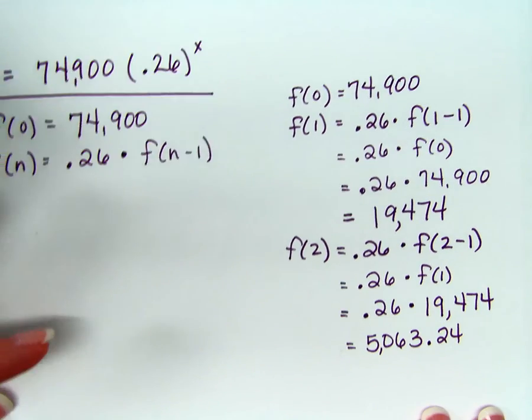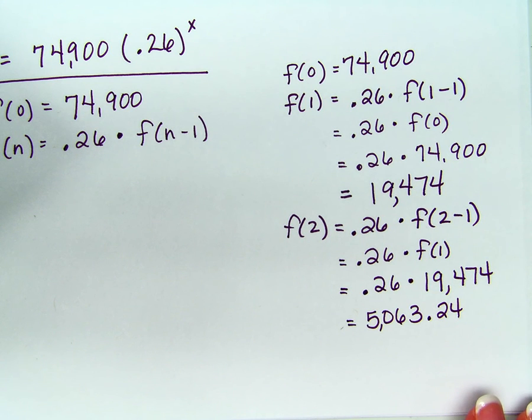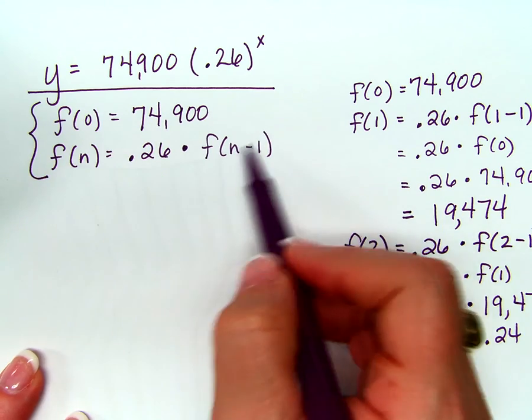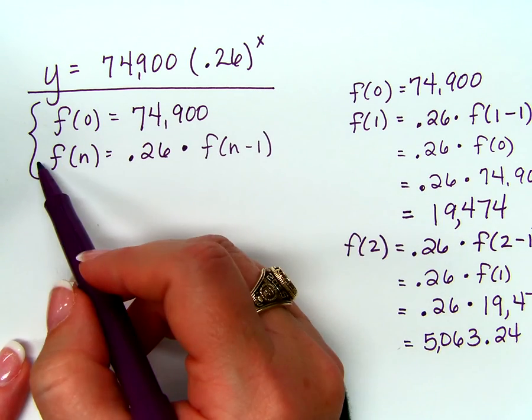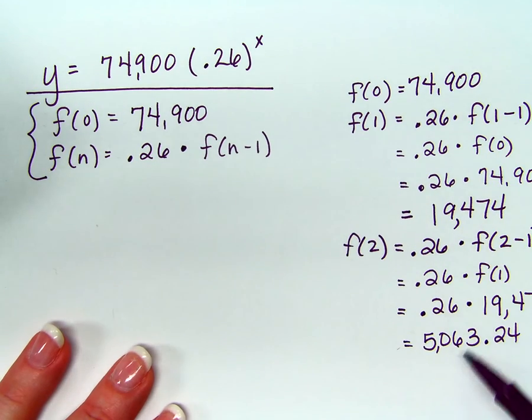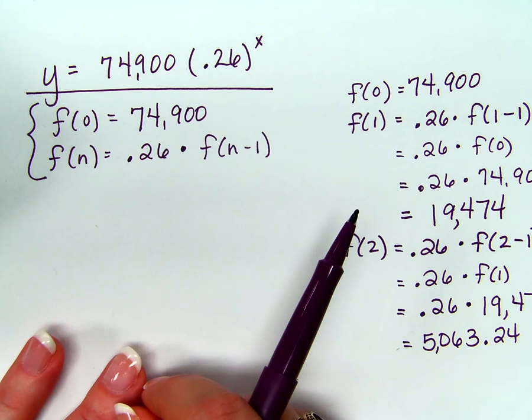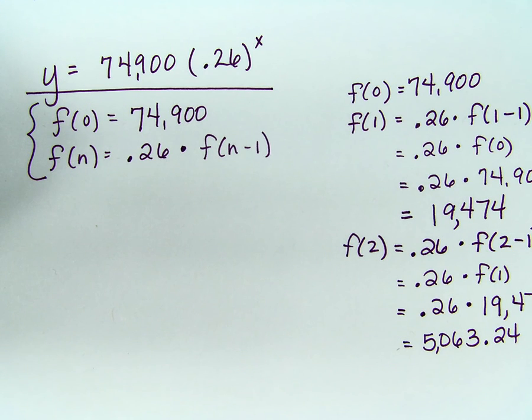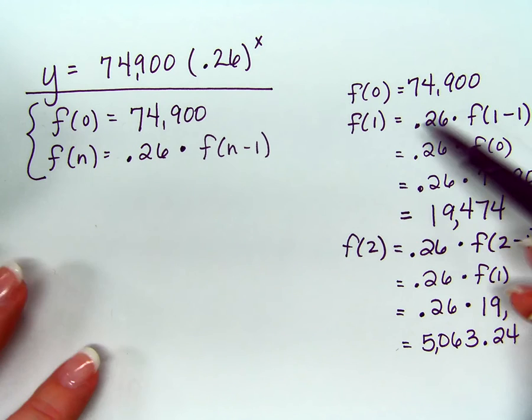And we could keep on going, right? To the third term or the fourth term or the fifth term, when in actuality, all I want is the rule. I just want this. But this is how you use a recursive function. So if we're just finding a list of the terms in the function, recursive functions are really helpful, right?